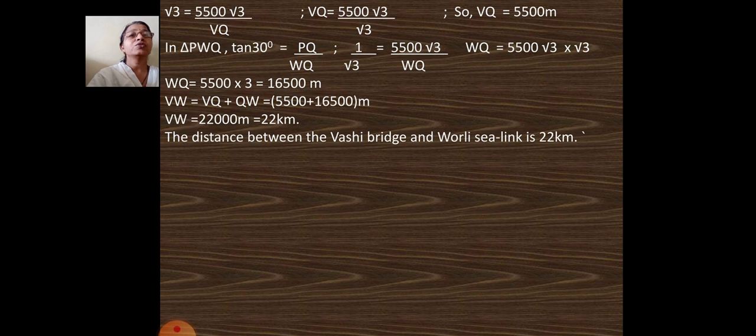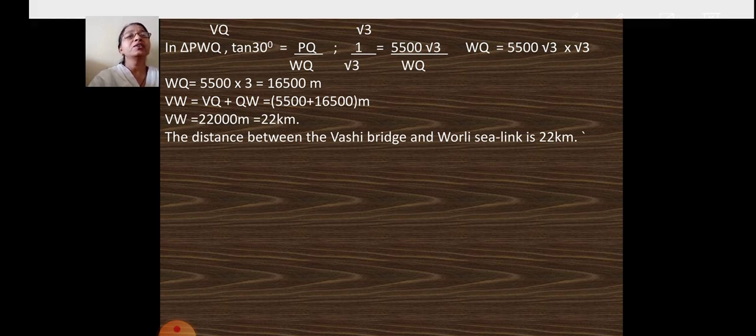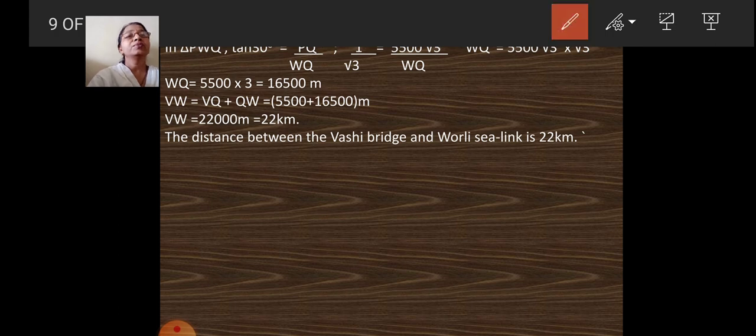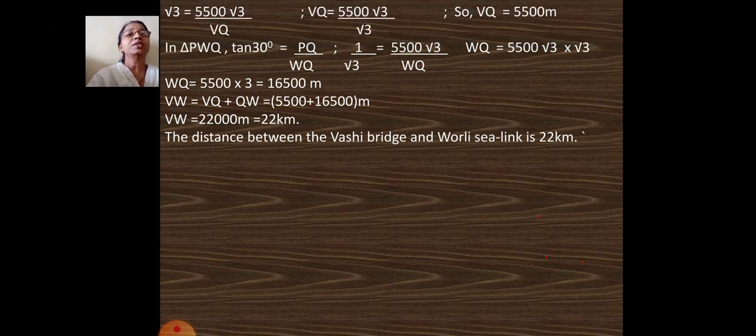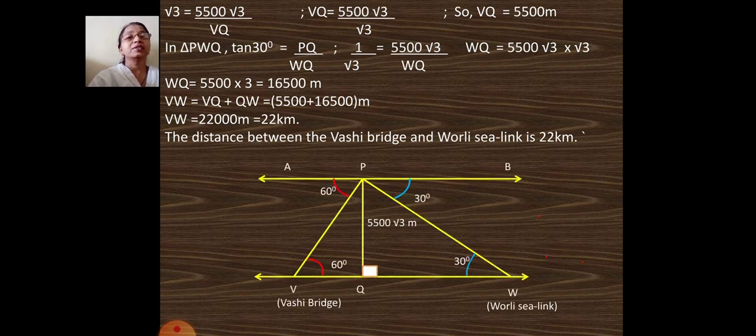Cross multiply, so therefore VQ is equal to 5500 root 3 upon root 3. Root 3 will get cancelled, so VQ is 5500 meters.